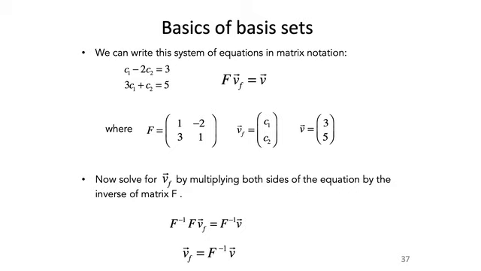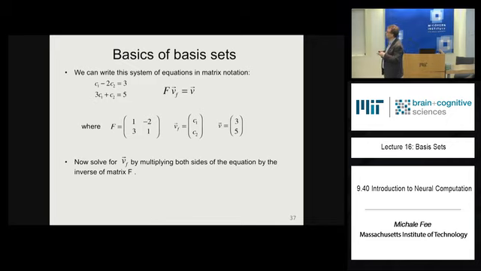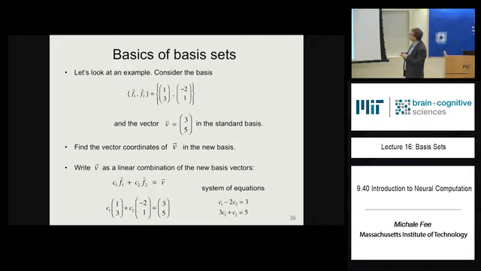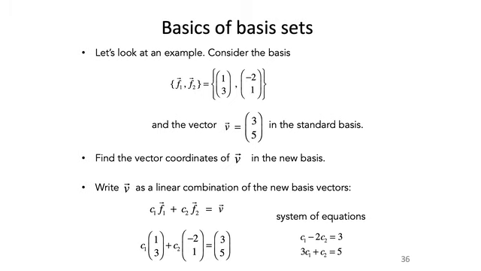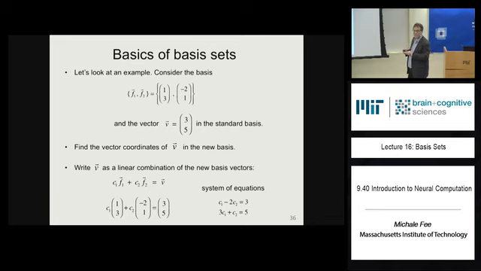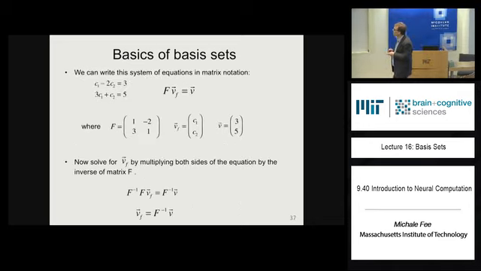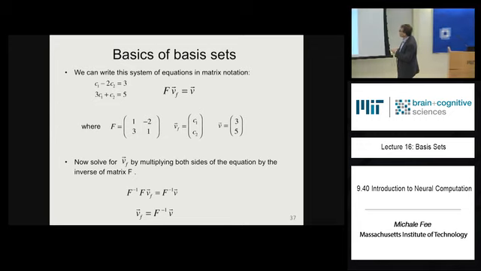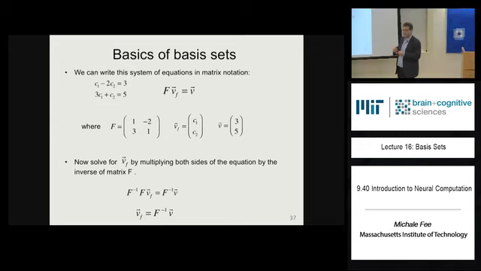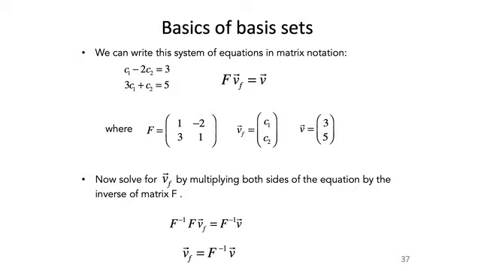And what is F? F is just a matrix that has the basis vectors as the columns of the matrix. So the coordinates of this vector in this new basis set are given by F inverse times v.